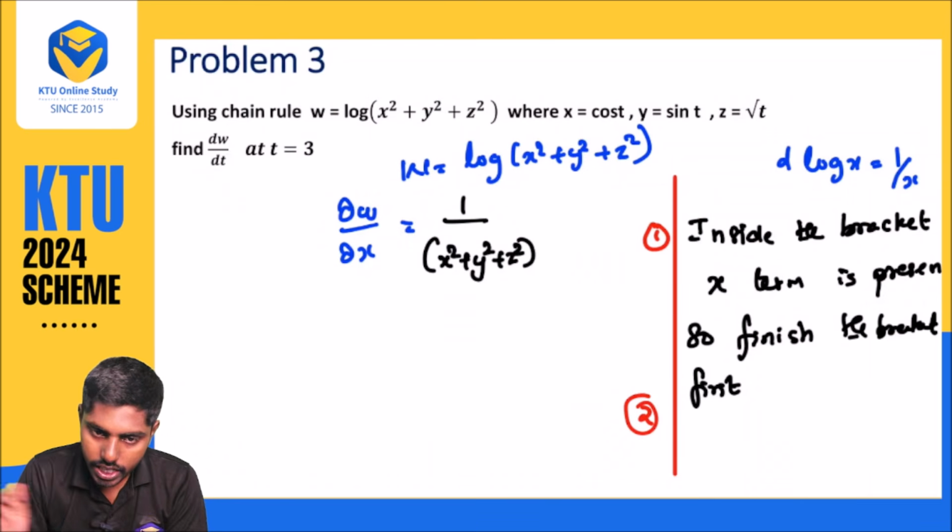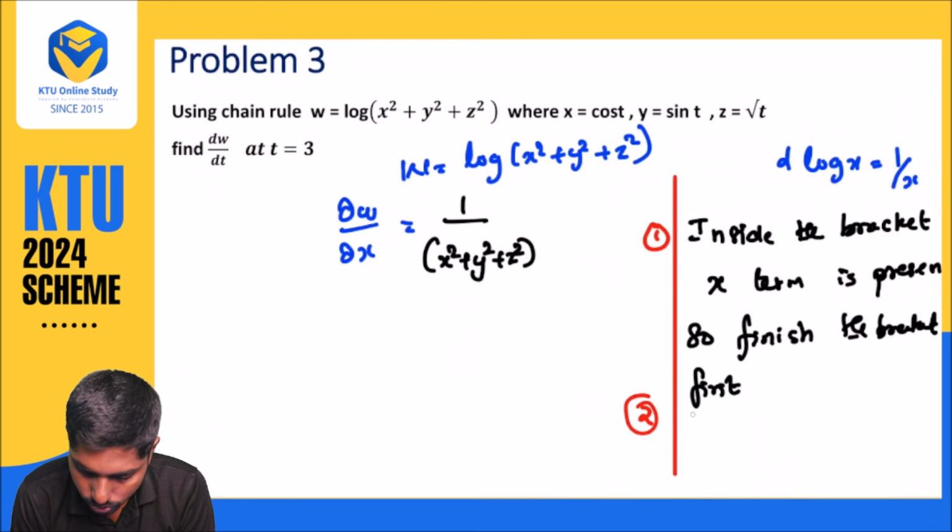Now the second thing: inside the bracket we want to take the partial derivative.